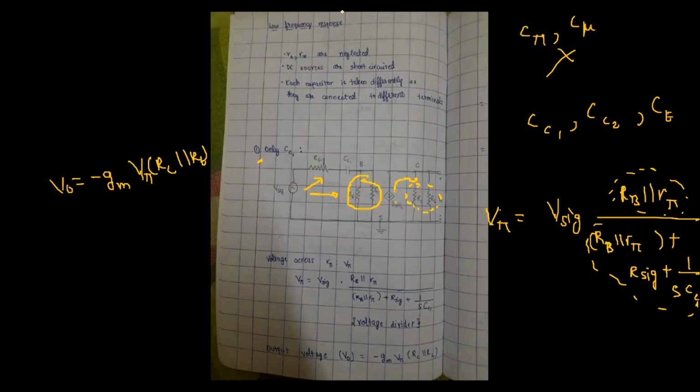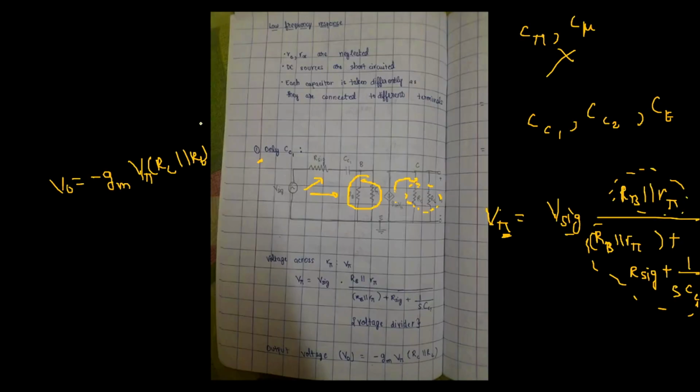So here I have my V signal in relation with V pi, and here I have my V output in relation with V pi. So I take VO by V signal is equal to output by V pi into V pi divided by V signal.